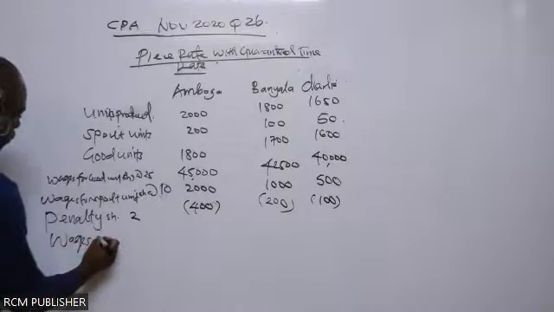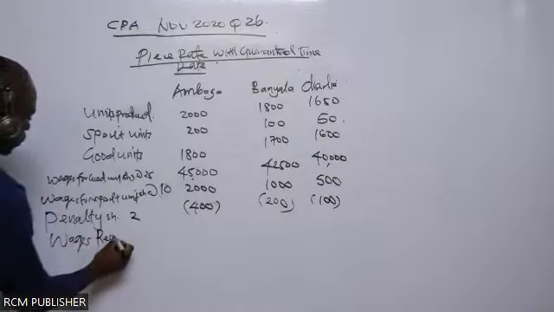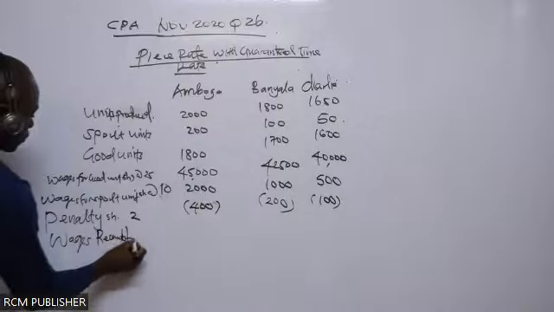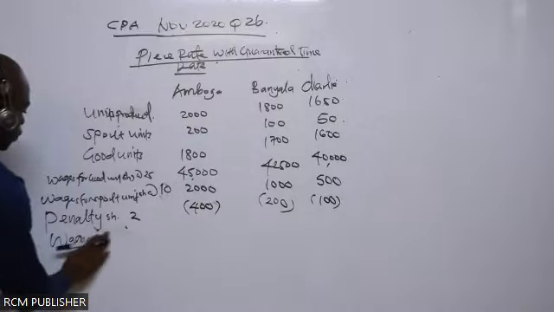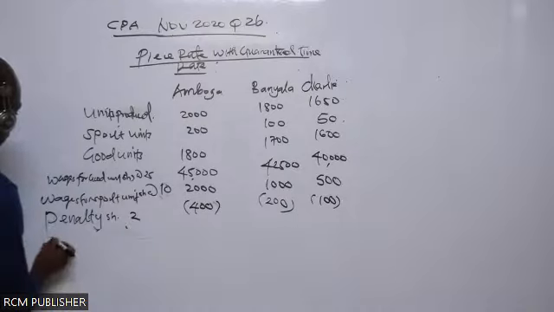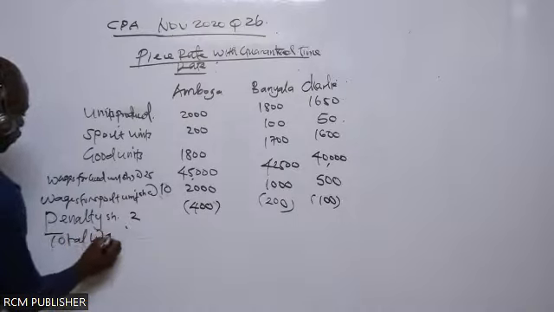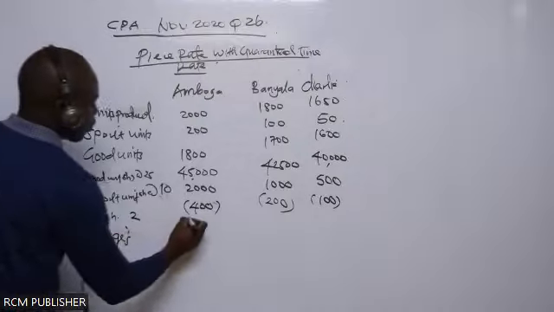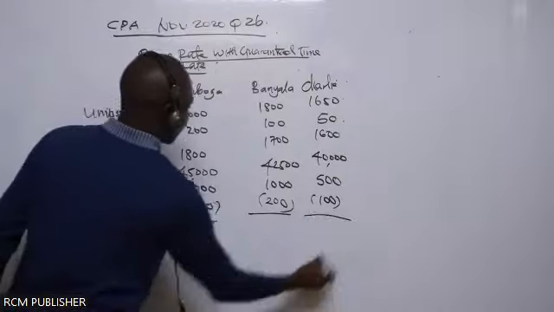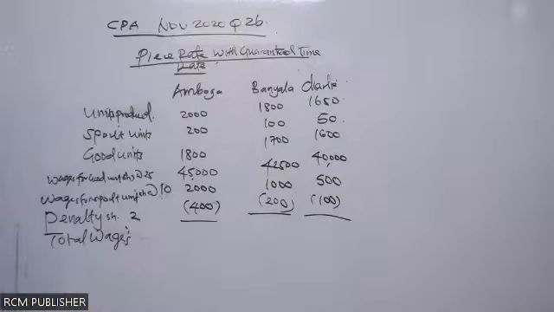Wages receivable to them, or the company will call it payable, or we can just call it total wages or net wages. What will we have? So just indicate A for Ambogaa, then you give me the amount there.